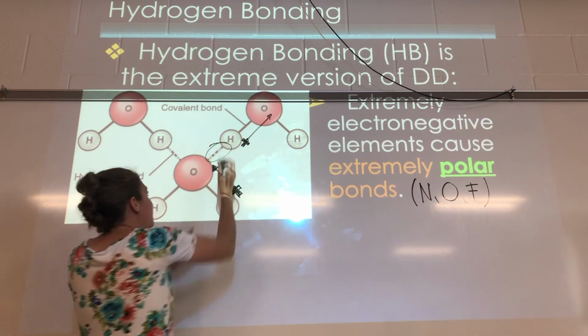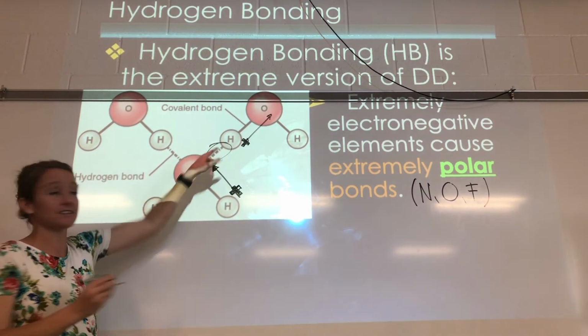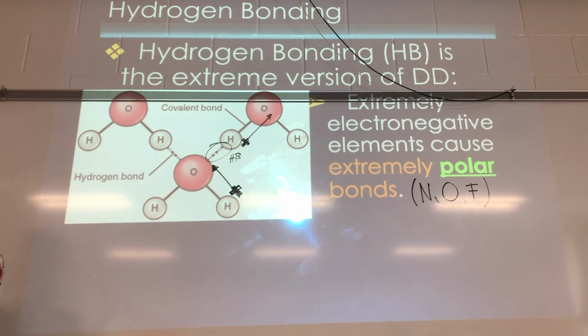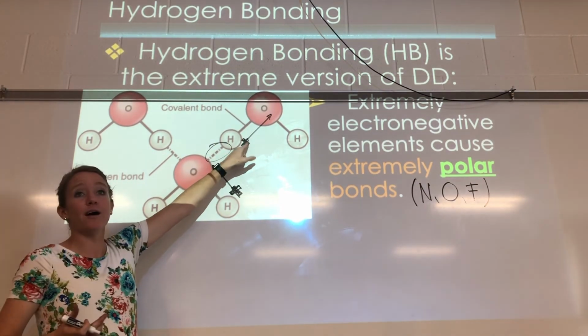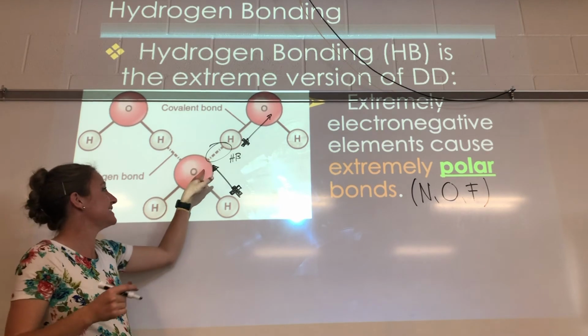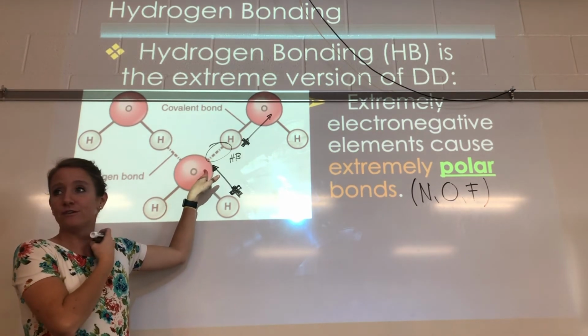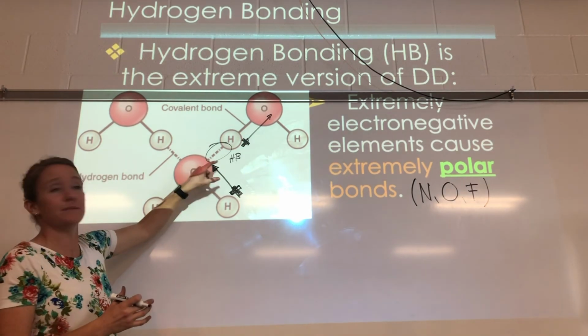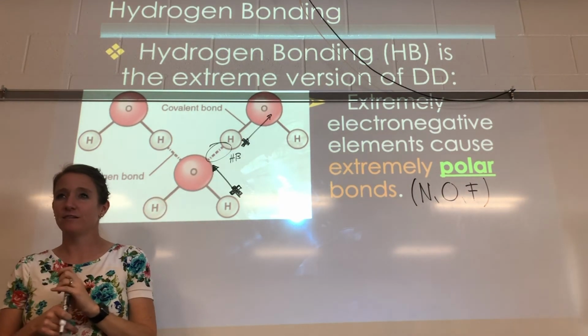And so this force, this is the hydrogen bond. That's why it's an extreme magnet, because that positive is really positive and this negative is really negative. So it's like a dipole, but it's an extreme one because of hydrogen.